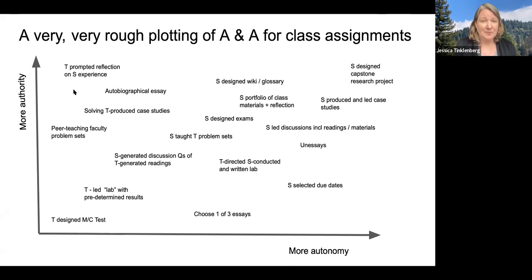So you can certainly have a high authority and autonomy assignment that you then create the rubric for, but obviously it makes more sense. The other thing about some of these things, like Unessays, is that they aren't one format, right?